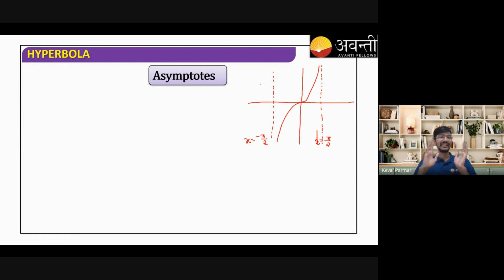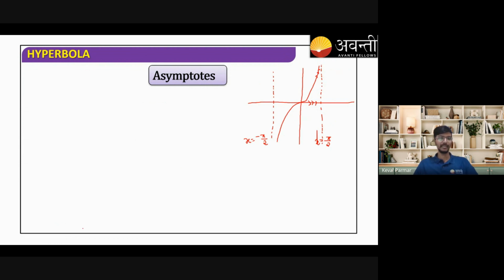But as we move closer and closer to the line along the curve, they come closer and closer to each other. As you can see, as we go towards pi by 2, the distance between the curve and the line becomes smaller and smaller. Such lines are called asymptotes.